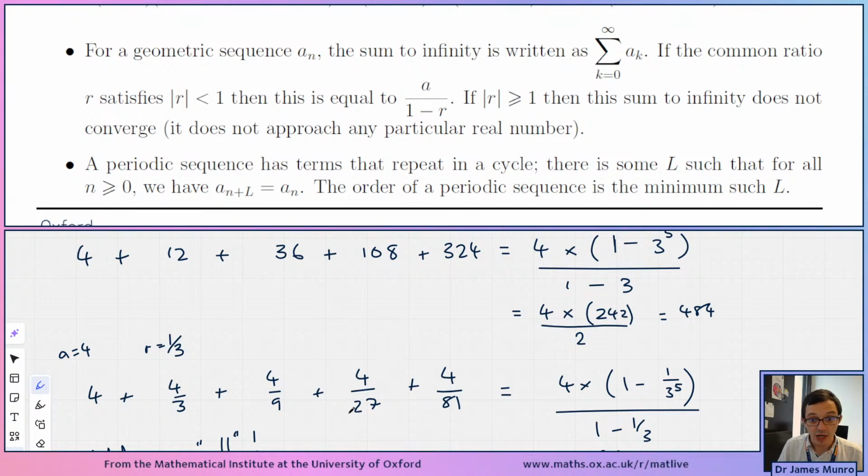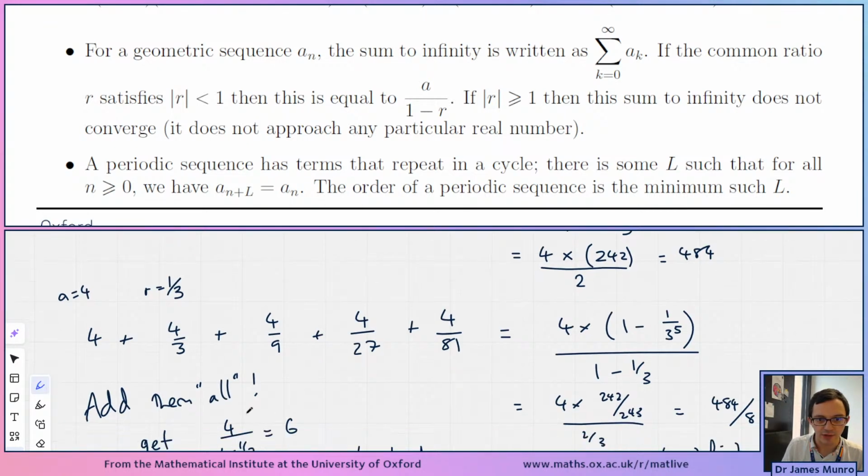And if you do that for a large number of items, not infinitely many, but a large number of items, then you'll get 4 times, really pushing it now, really close to 1, divided by 2/3, and the only step I would like you to make is to say sum to infinity, whatever that means. Maybe it means nothing. Sum to infinity is this thing that you're getting close to, which in this case is 4 times 1 divided by 2/3, which is why I've written it down over here.